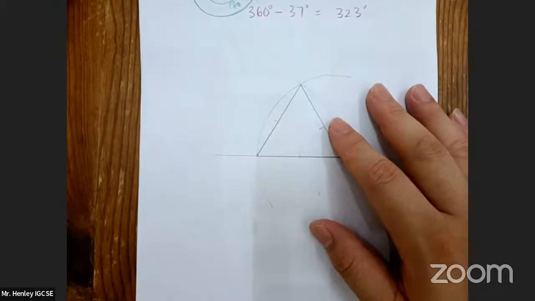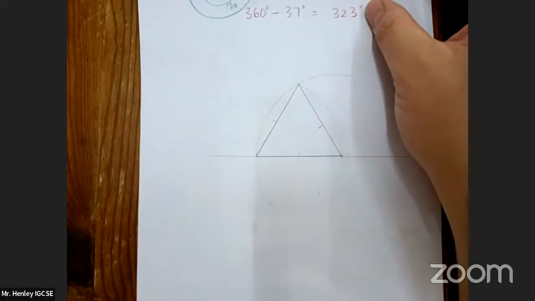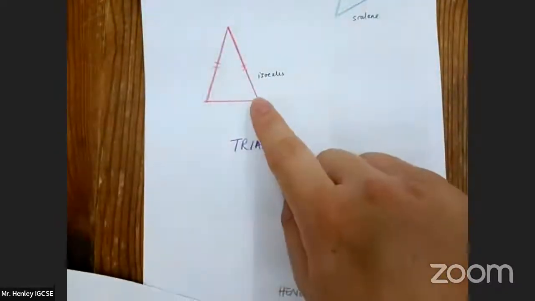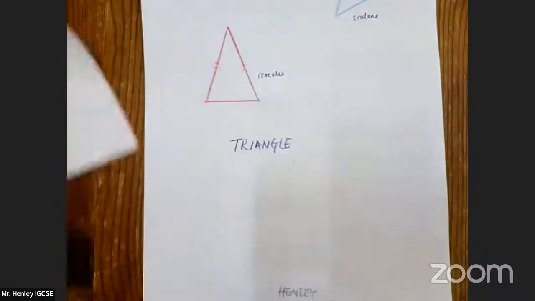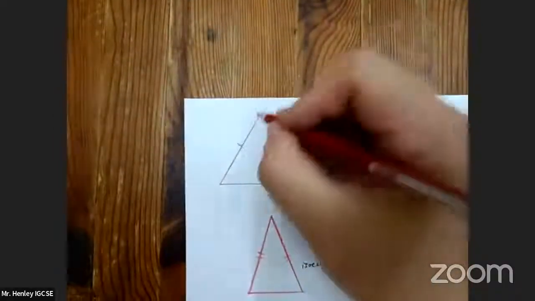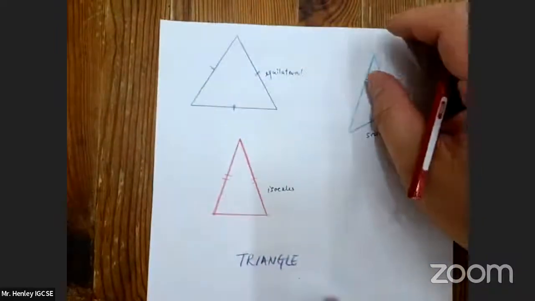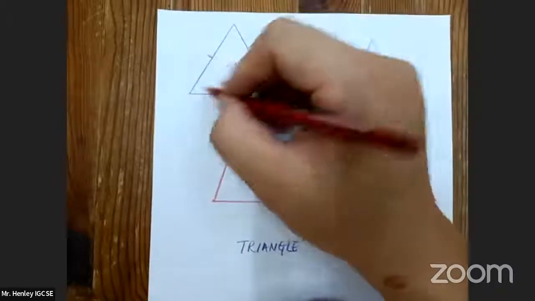Let's see the syllabus. Looking at triangles, the next one is isosceles. Isosceles, you have two equal sides. Before that, when you have this equilateral triangle, the interior angles will add up to 180 for all three.